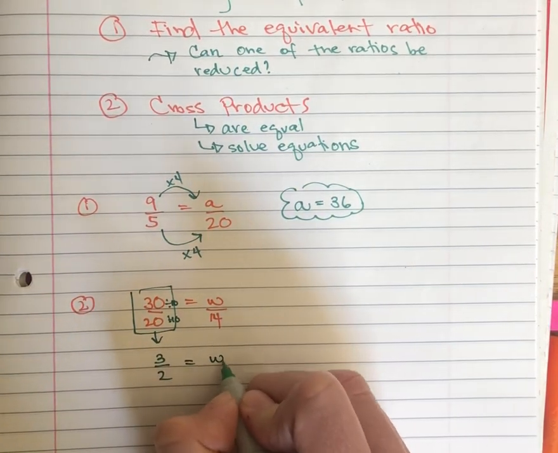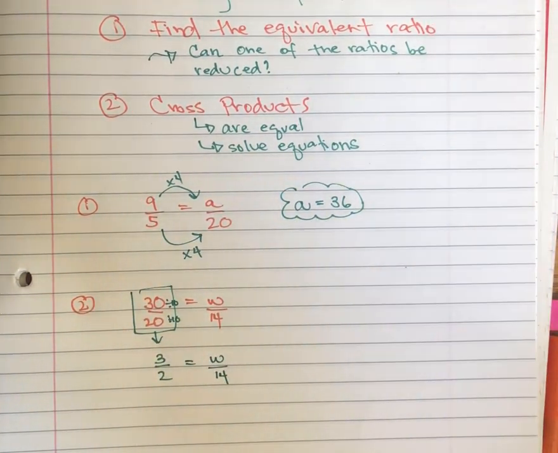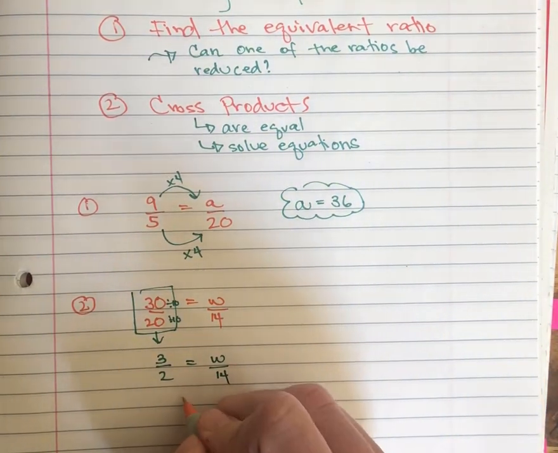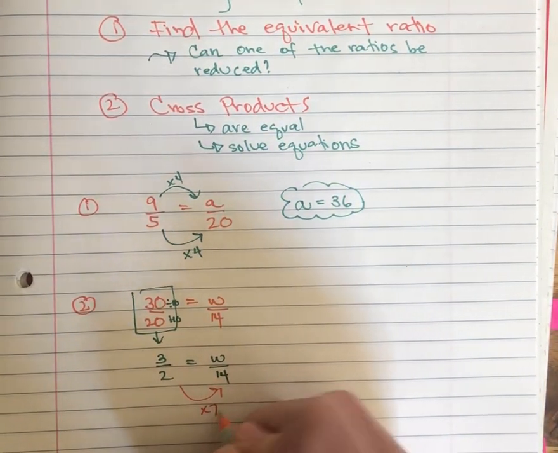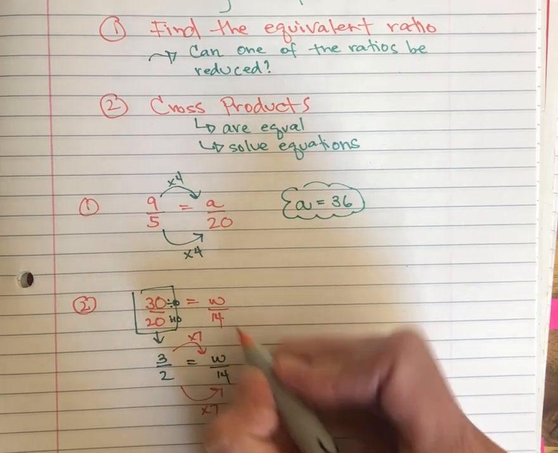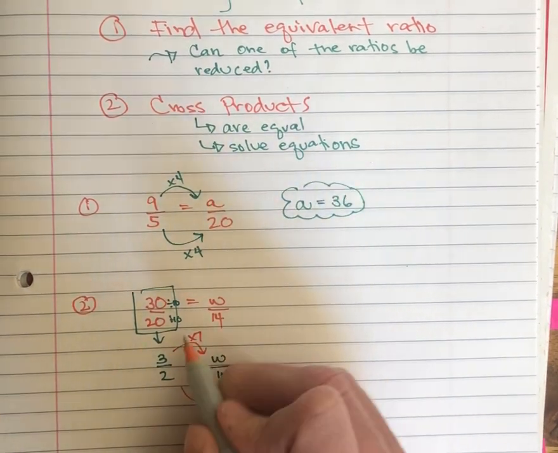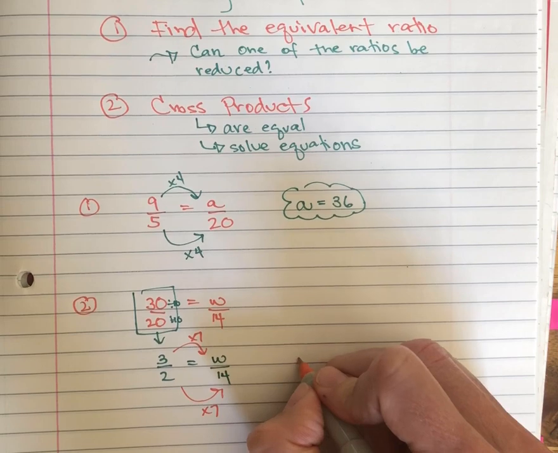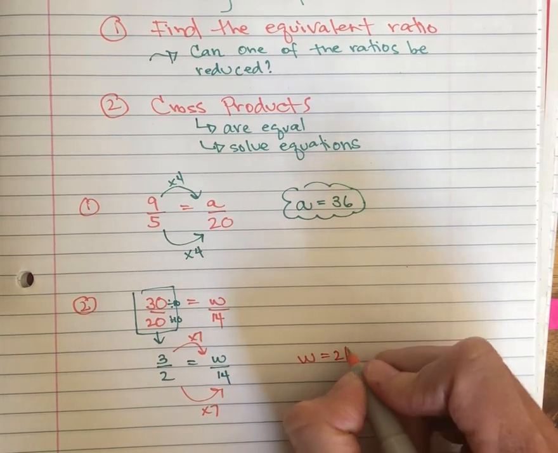Drop in the second half of our proportion. Now I can find my equivalent ratio. 2 times 7 is 14. When we find our equivalent ratios, 3 times 7 is 21, so the value for W is 21.